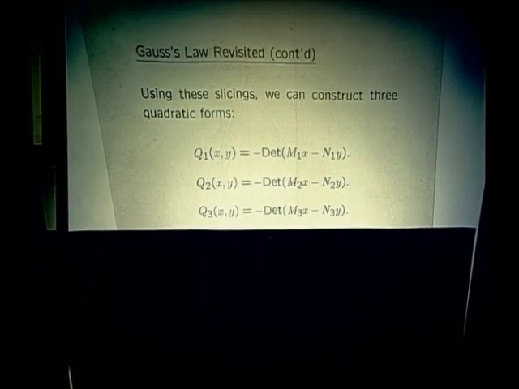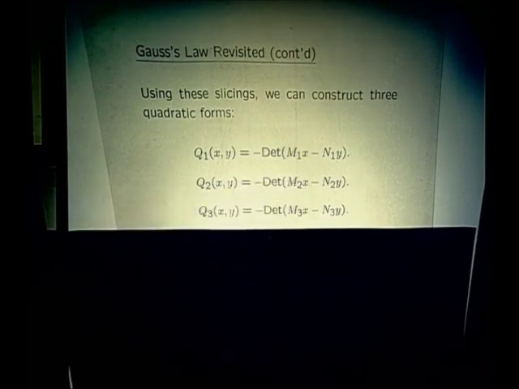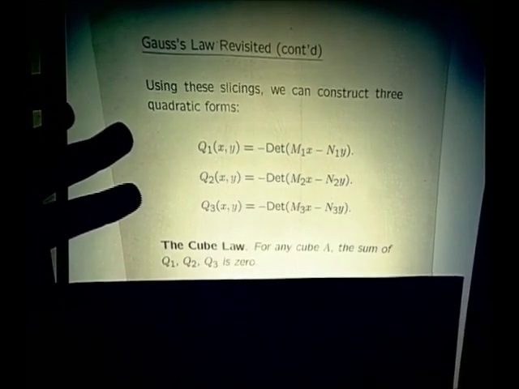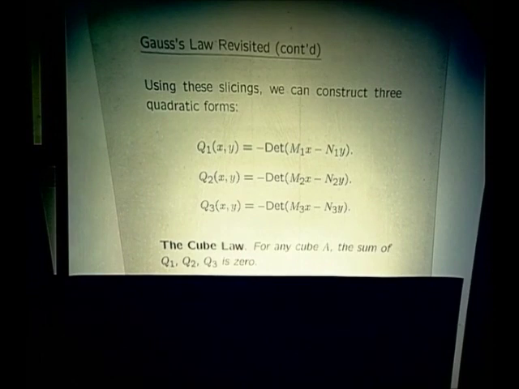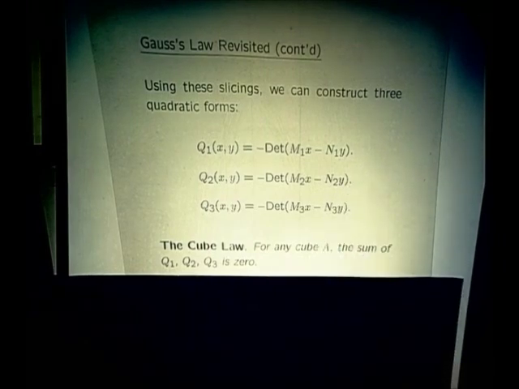One checks that if you look at the discriminant of each one of these 3 binary quadratic forms, you can just write out that the discriminants are the same for all 3. So take the freewheeling group generated by all binary quadratic forms of a given discriminant, modulo all such relations that come from cubes. That is, for every 2 by 2 by 2 cube, the sum of the 3 binary quadratic forms that it spits out is 0.